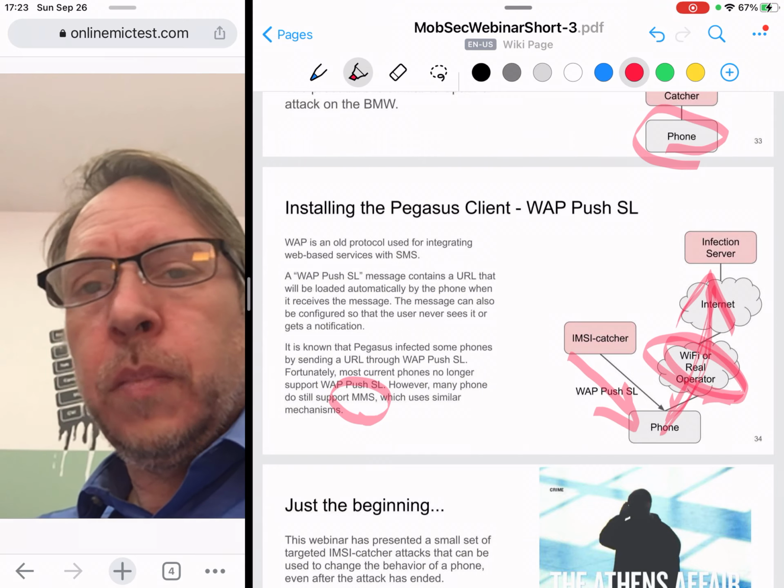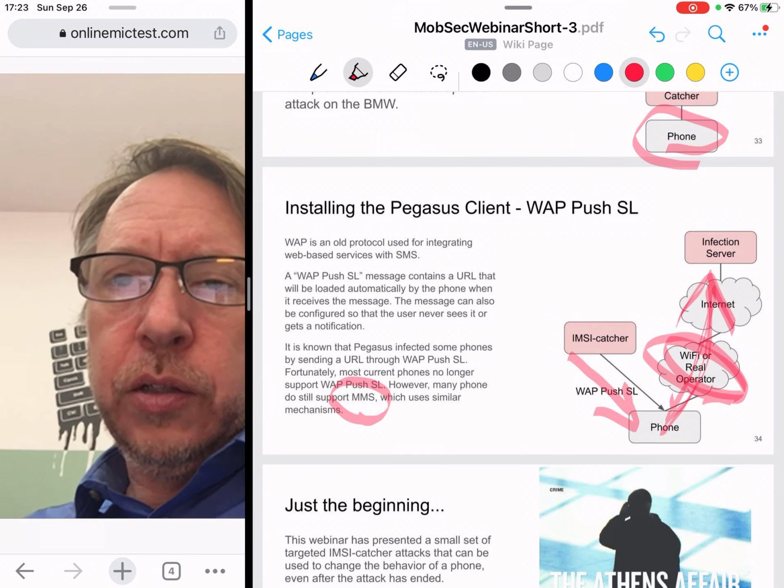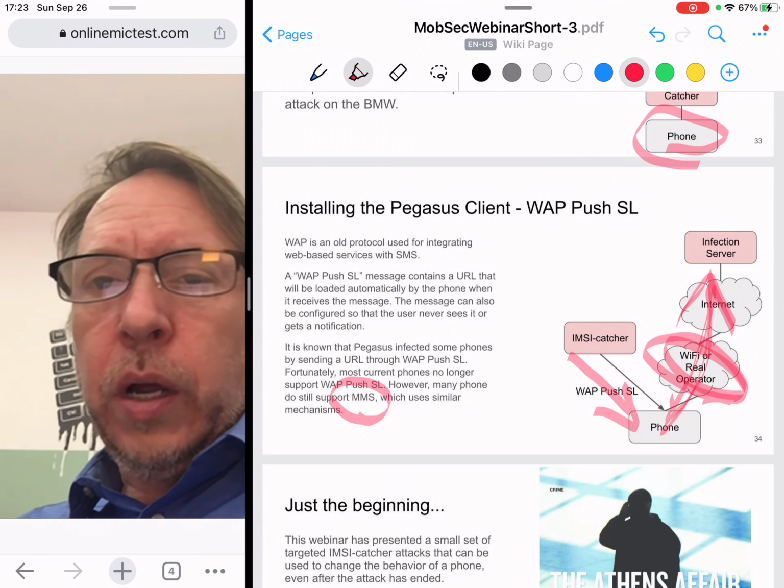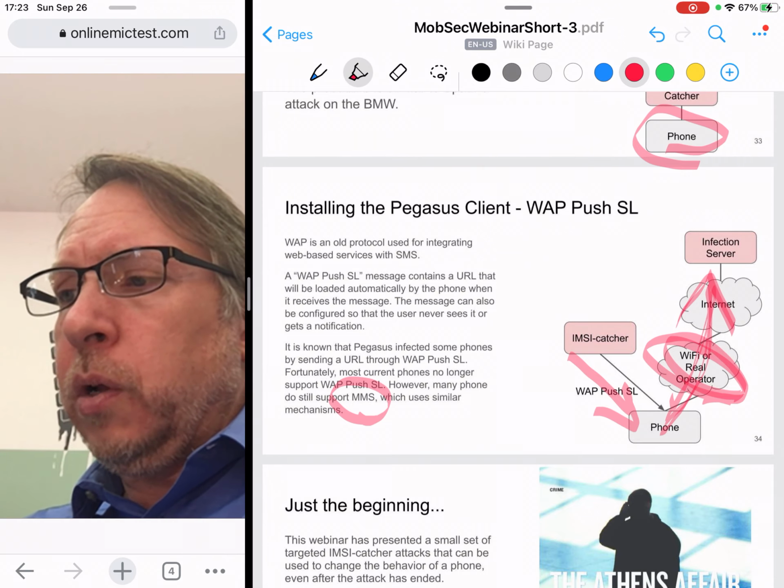Another question we had during the webinar, if a phone is blocked into 4G only mode, is it still under risk to be hijacked by an Mzcatcher?